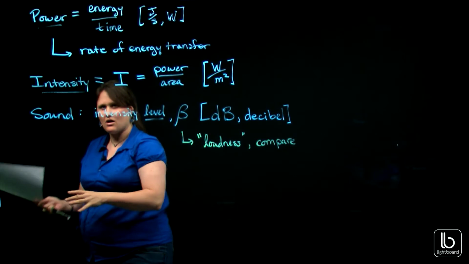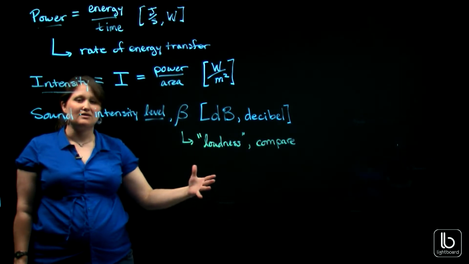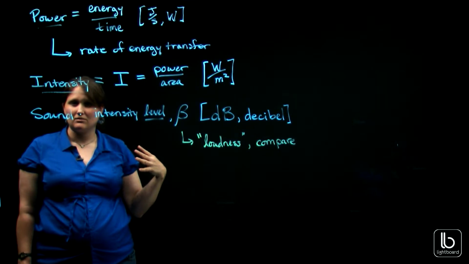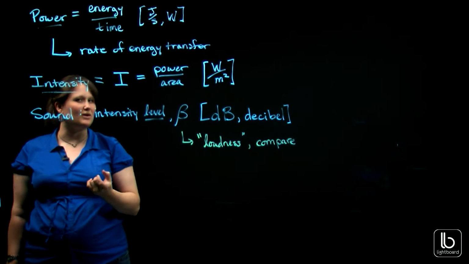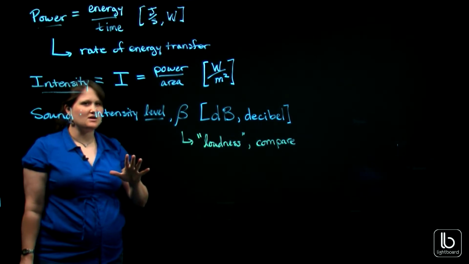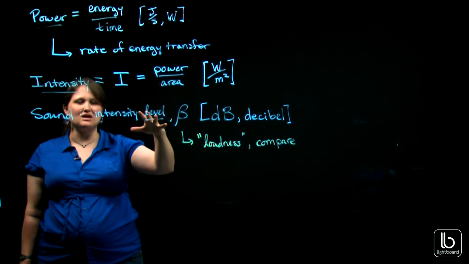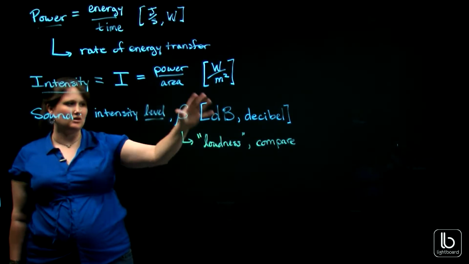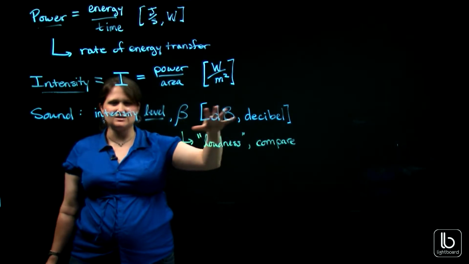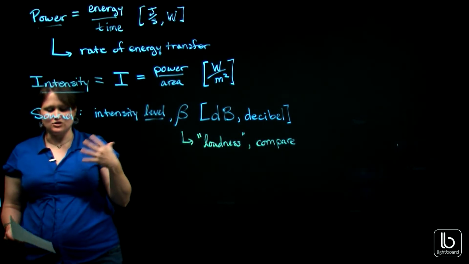Now, are there sound waves that are emitted that we can't hear? There are. Does that mean it has zero energy? It does not. So just because it has a sound intensity level of 0 doesn't mean that it has 0 intensity. So again, this intensity level is about comparing sounds that we as humans can hear.